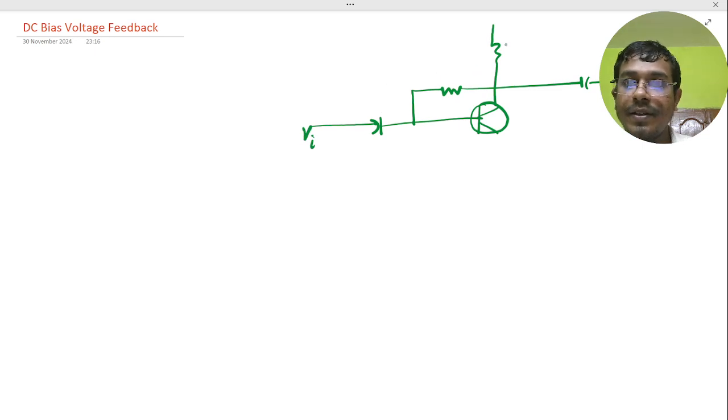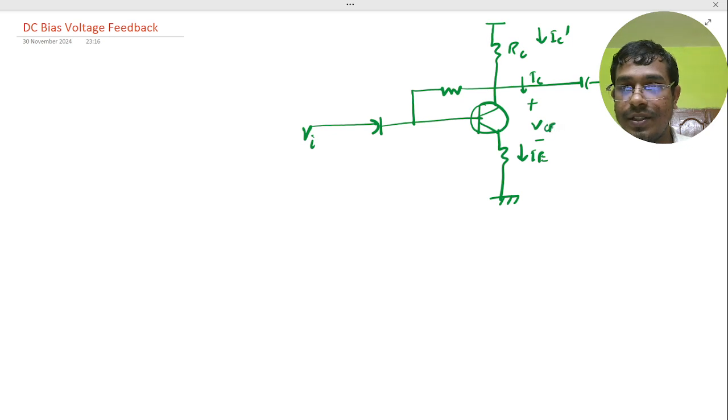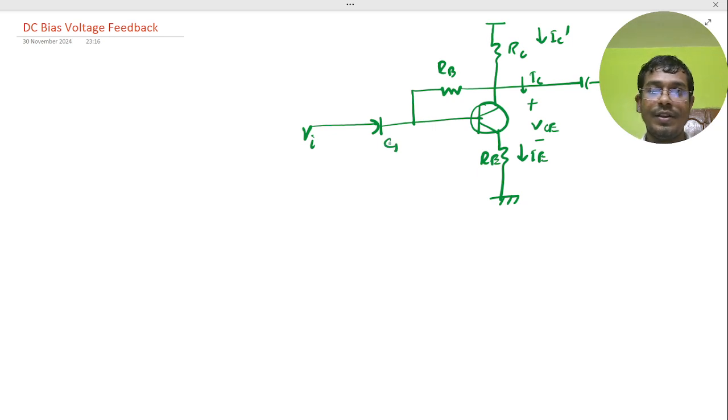It has RC, IC dashed, IC, IE, VCE from plus to minus, and RE, RB and C1. This one is the feedback.